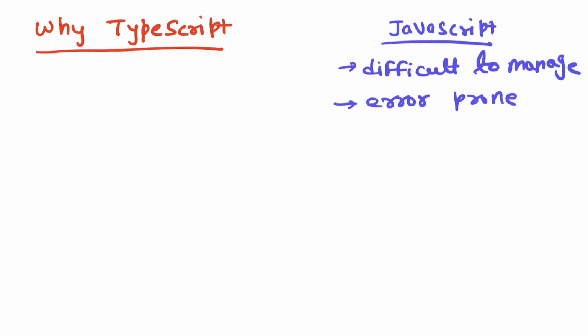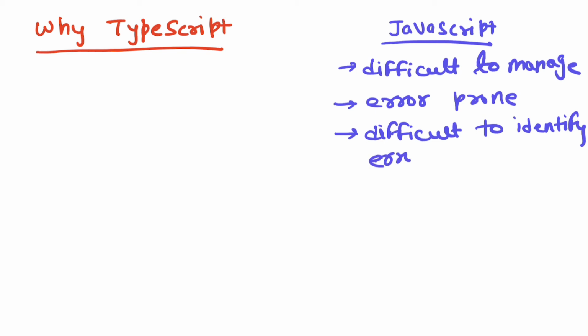Their web pages break because something breaks in the JavaScript code at runtime, and it is difficult to find the errors, difficult to identify errors at compile time.